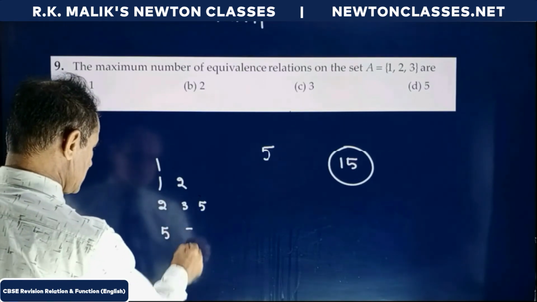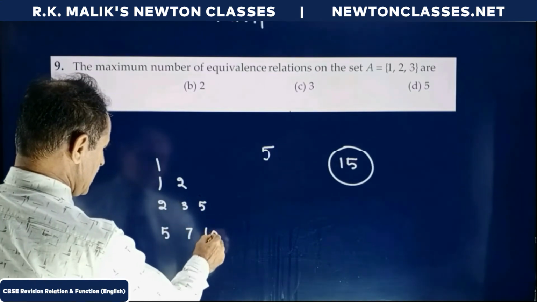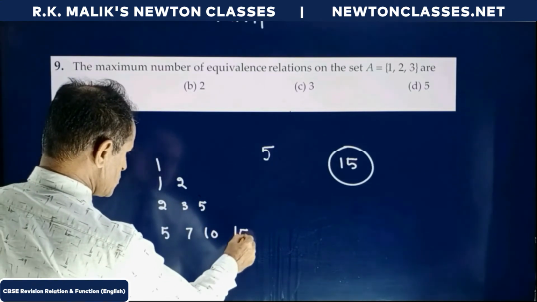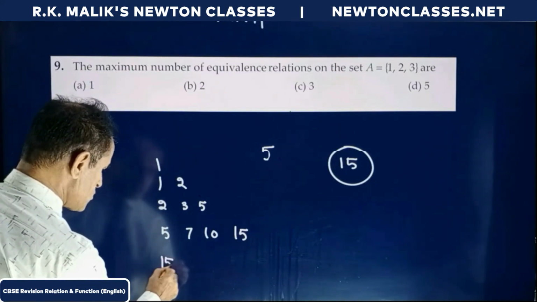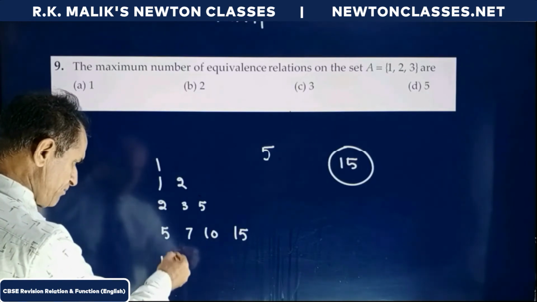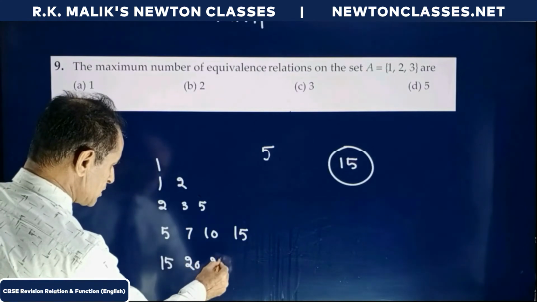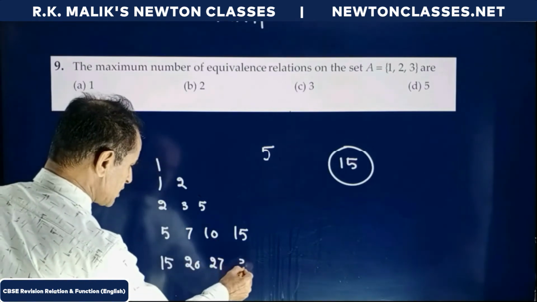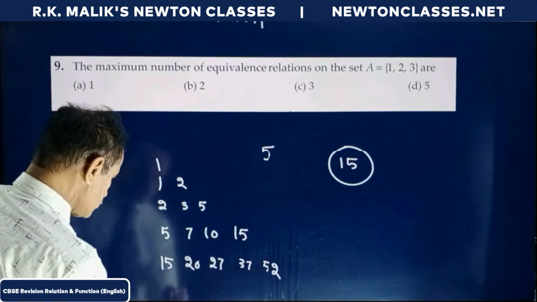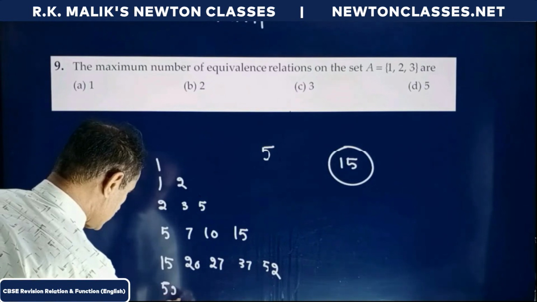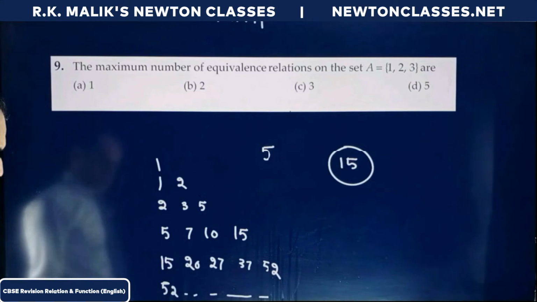Add these two, you get 7 here, add 7 and 3, you get 10 here, add 10 and 5, you get 15, and again write 15. Same here, add these two, you get 20, add these two, you get 27, add these two, you get 37, add these two, you get 52, and again write 52, and in this way you can go on for any number of rows.